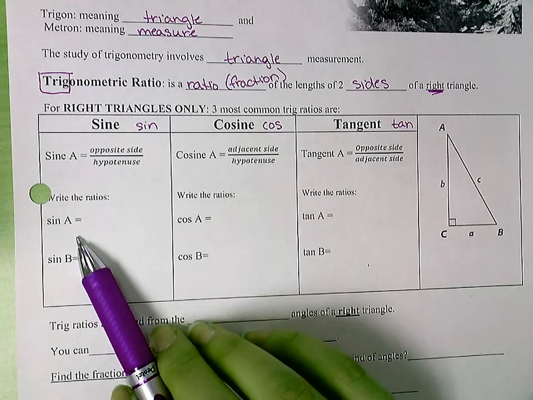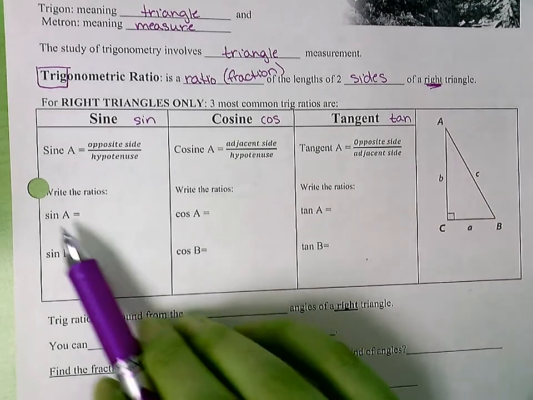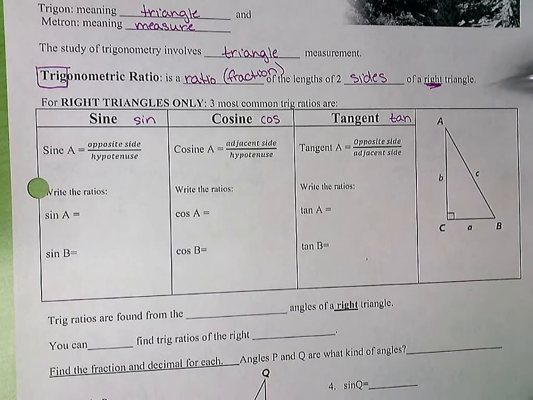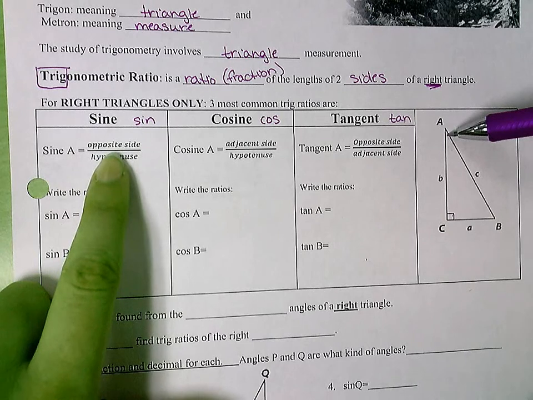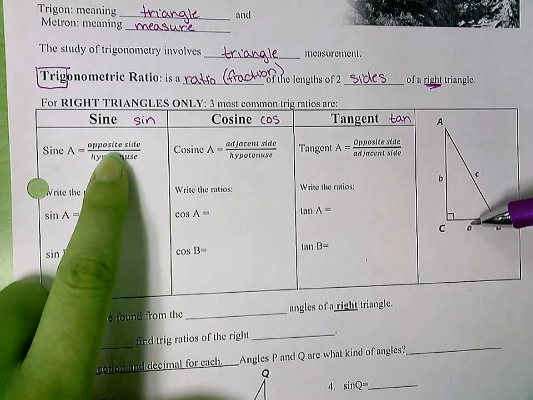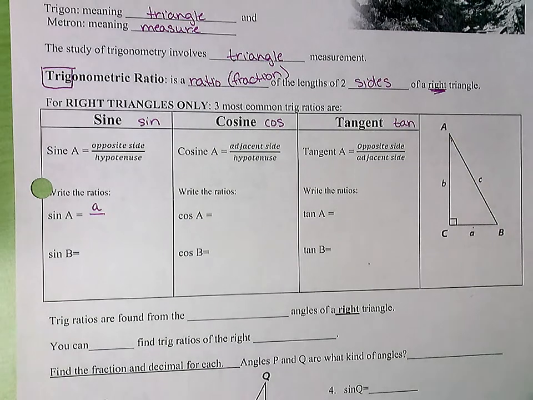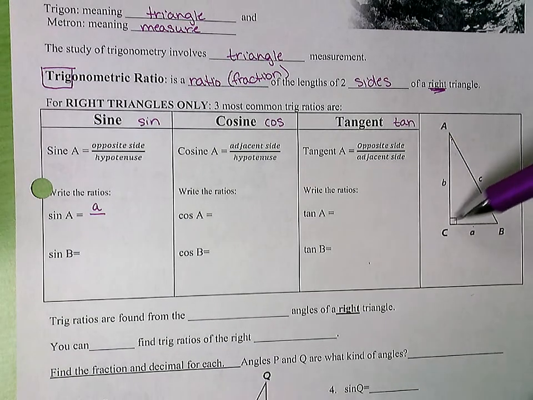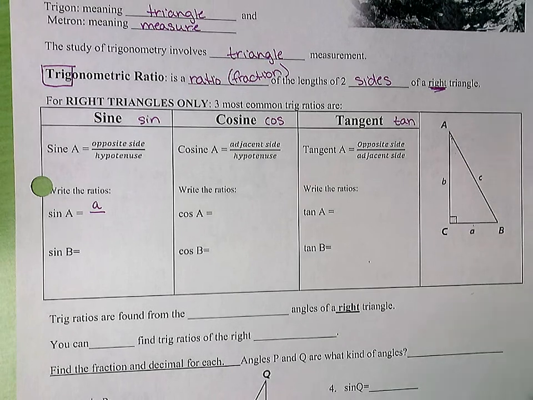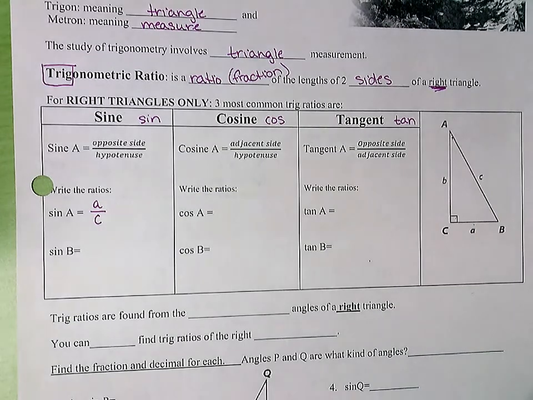So if I want to write these ratios out, I have sine of angle A. We go from that angle. It'll be our opposite side, so across from, we'll have lowercase a, over the hypotenuse, which is lowercase c. That would be your ratio of sides for sine of A.